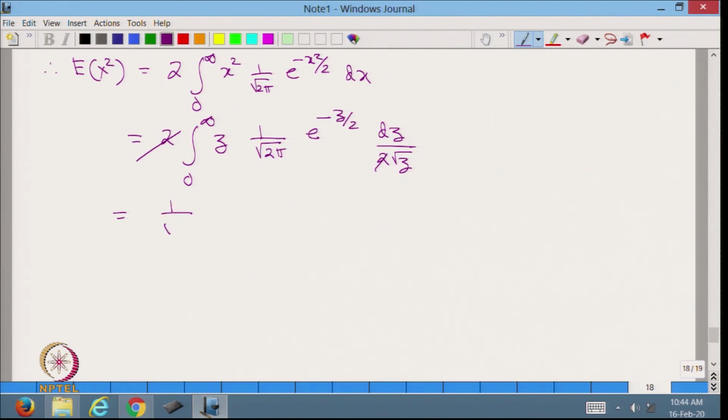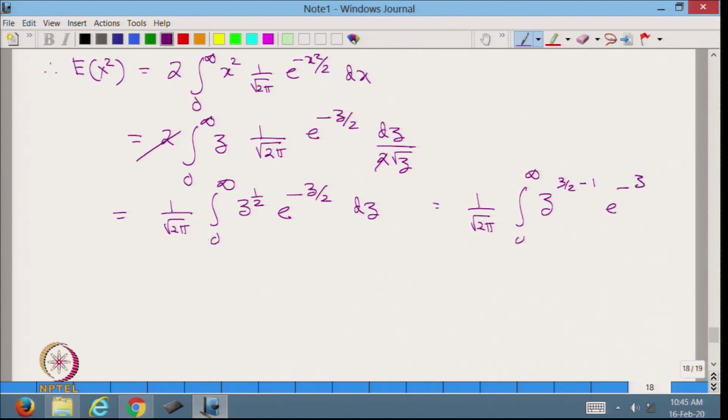Therefore, we have 1 over root over 2 pi integration 0 to infinity z to the power half e to the power minus z by 2 dz is equal to 1 over root over 2 pi integral 0 to infinity z to the power 3 by 2 minus 1 e to the power minus z by 2 dz.